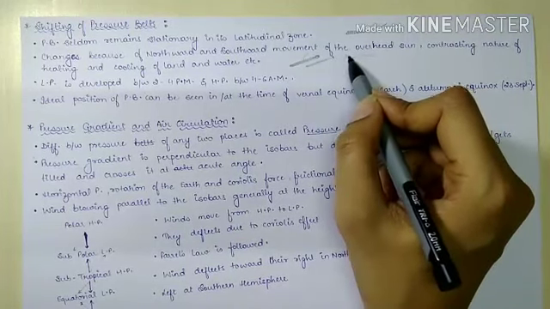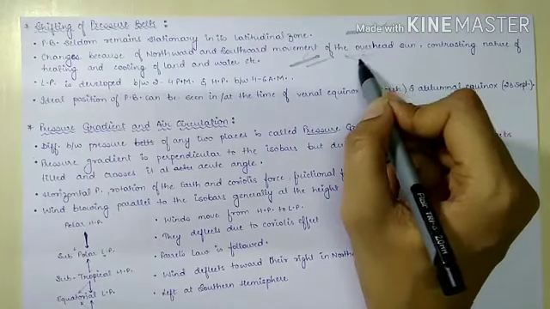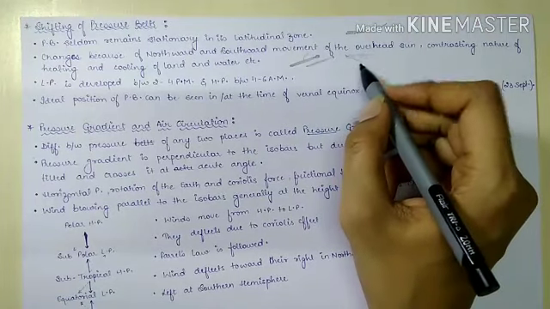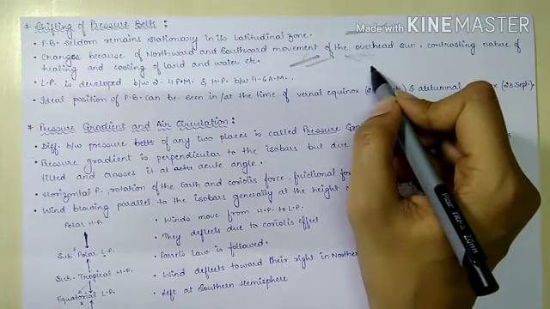Why? Because it has overdominance of land mass, while in the southern hemisphere we have overdominance of ocean body.